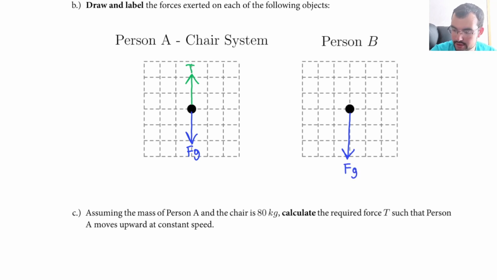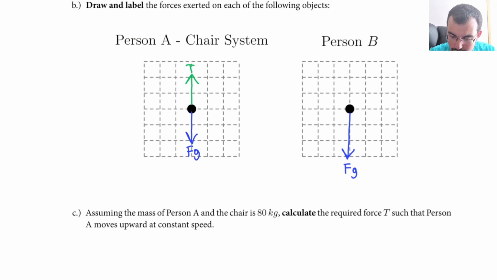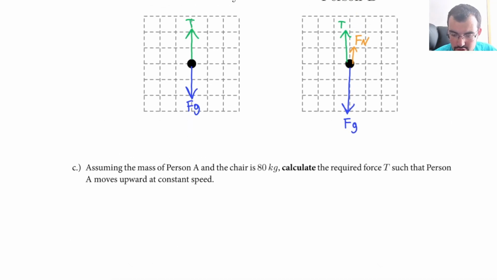They're pulling up with this force T. They're pulling down on the rope, so the T pulls up on them. So there will be an upward force T on the person. And then the normal force just makes up the difference. Kind of contrived to give us a non-zero normal force, but whatever.